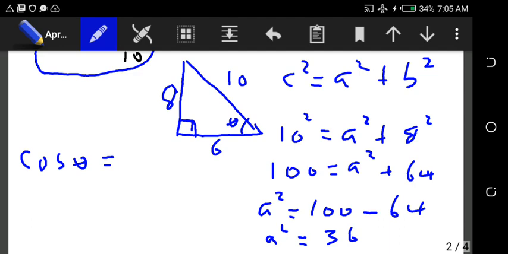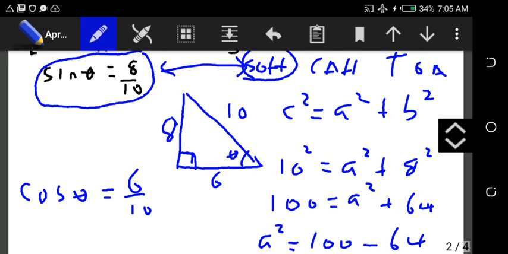Remember that our theta is here. The adjacent of the theta is the 6, the side closest to it, so that gives us 6 over the hypotenuse, which is still 10. 6 over 10. And that is how we answer questions like this.